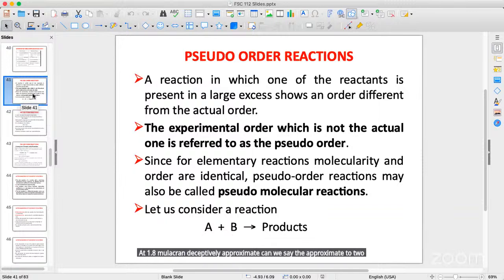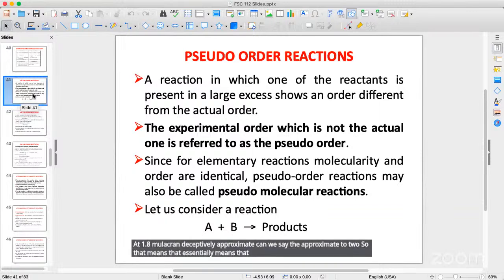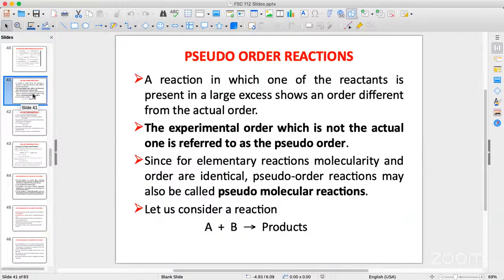So that means that essentially you can assume that concentration was constant, because the change in the course of that reaction was very, very negligible. So it's an assumption based on reality, really.